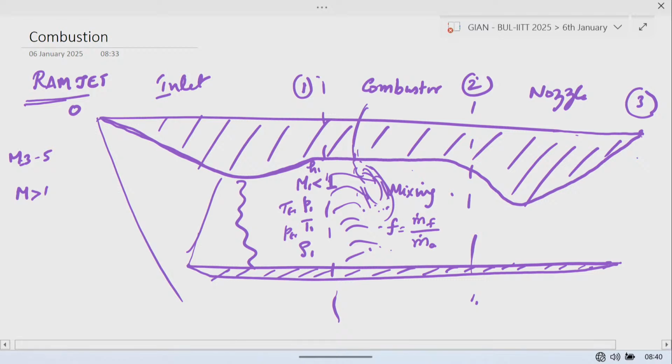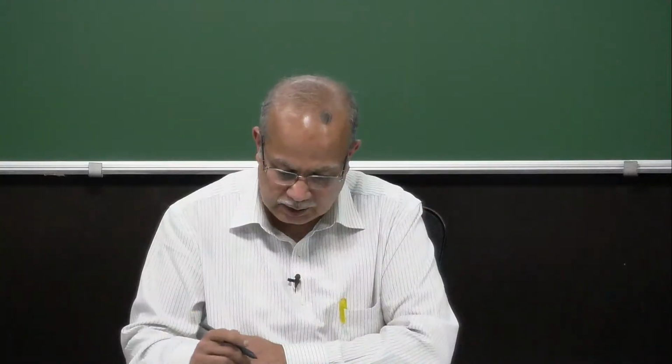The addition of fuel will cause the properties of the fluid to change. The Mach number entering the combustor will not be the same as the Mach number leaving, but the Mach number exiting the combustor will still be subsonic. It will change, but it will be subsonic.